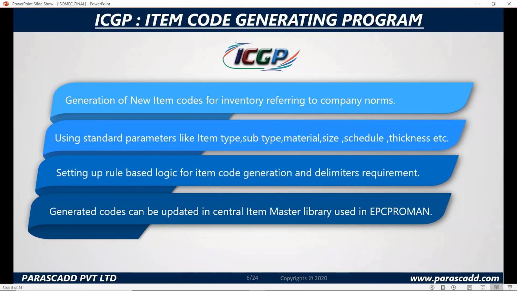For this, we set up a basic rule logic for item code generation, and if you want, you can add delimiters in between them. Once these item codes are generated, you can update them in your item master library, which we use for our following EPC ProMan services.